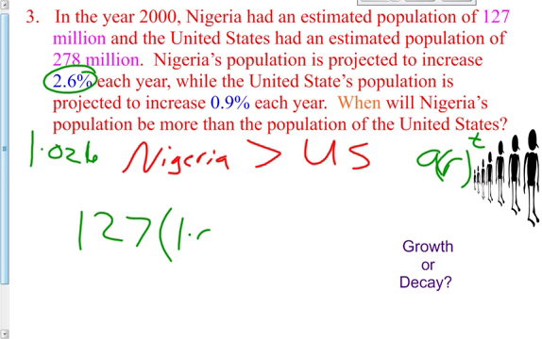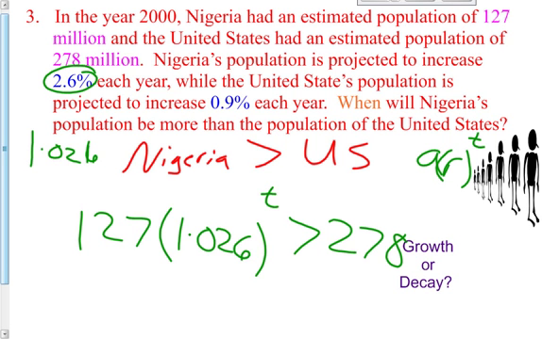So 1.026 raised to the T power. This is what we want to find. We want to find how many years. Okay, so when will that be greater than the U.S. initial population, which is 278 million, multiplied by the rate, which is 0.9%, so 0.9 as a decimal, you'd move it over twice to get 0.009.